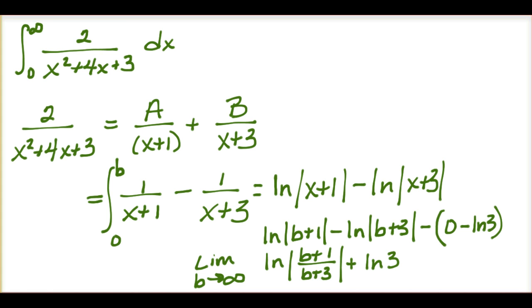So I'm going to let you guys figure out what happens when we stick infinity in for b. What happens as b approaches infinity in that first term there? So is this integral convergent or divergent?